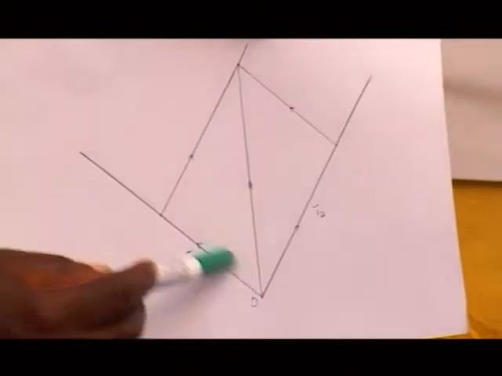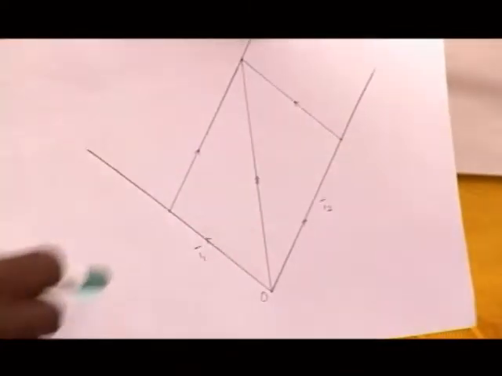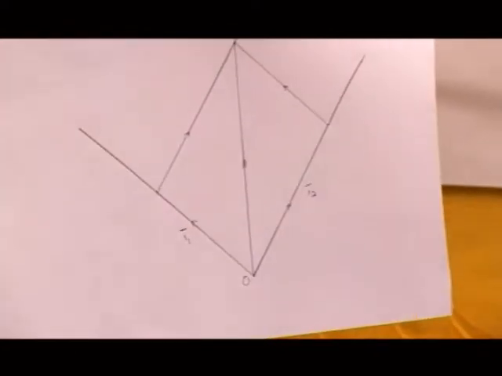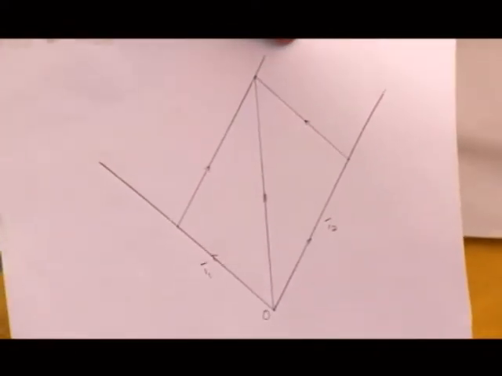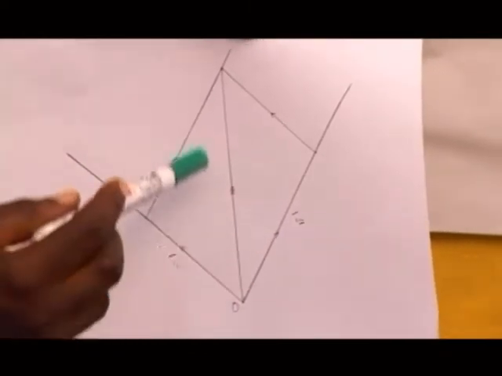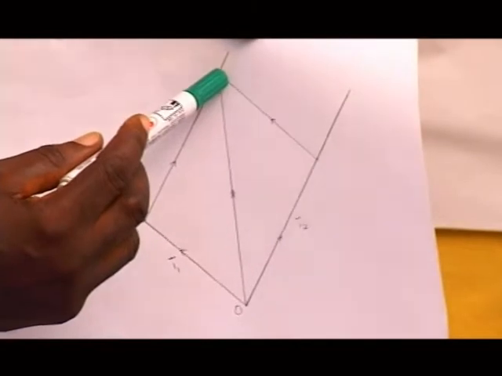After completing the parallelogram, you draw the line which is the diagonal from the origin point to that point.